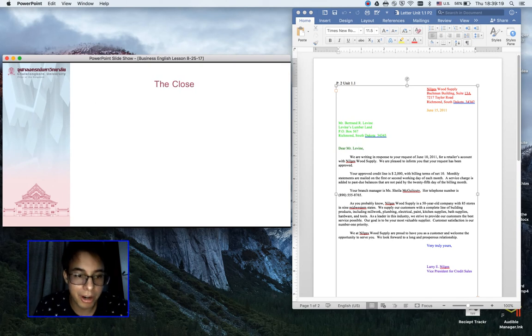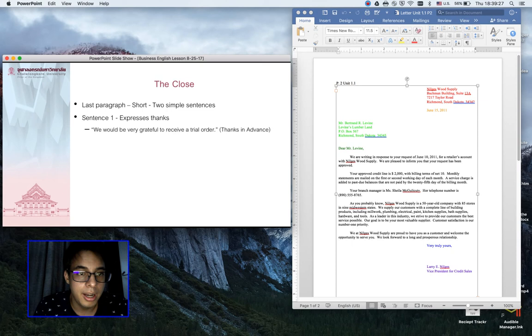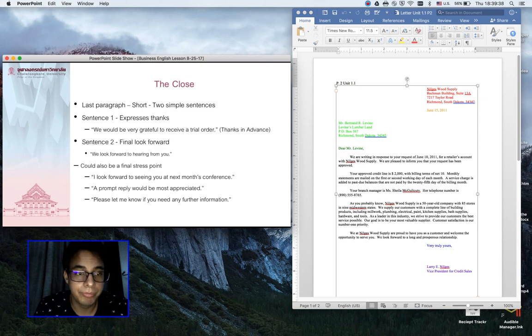All right, the last part in the 4-point letter is the close. It's the last paragraph. It contains 2 simple sentences. The first sentence generally expresses thanks. So for example, we would be very grateful to receive a trial order. The second sentence is a final look forward.